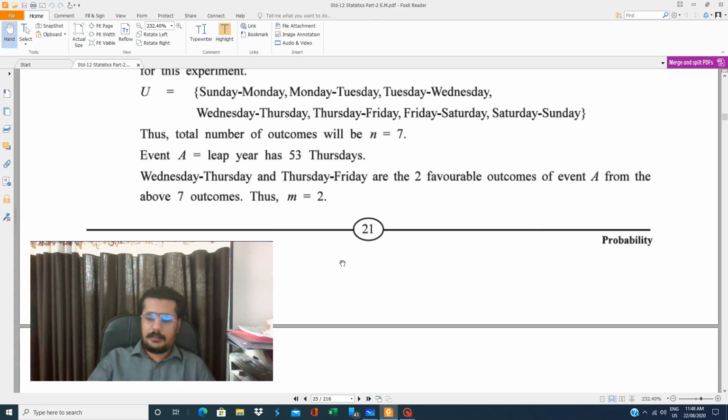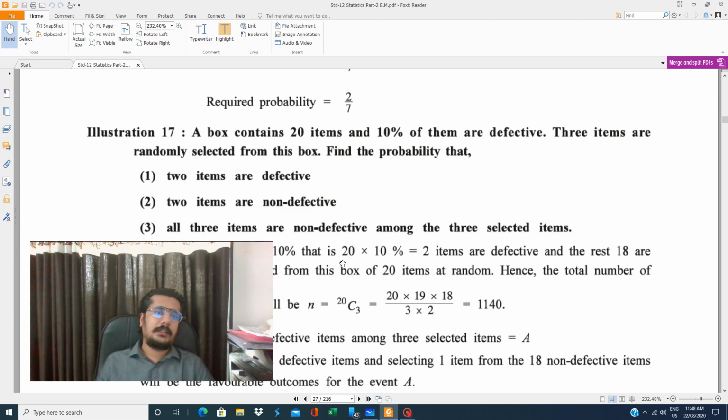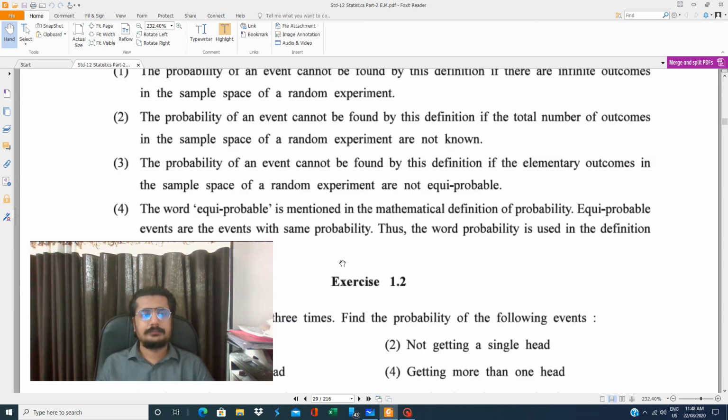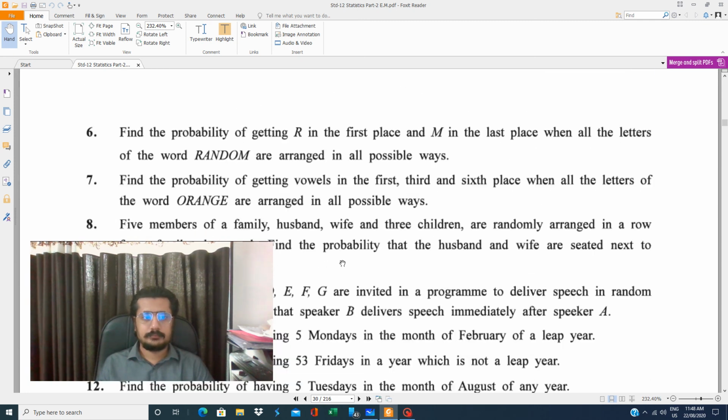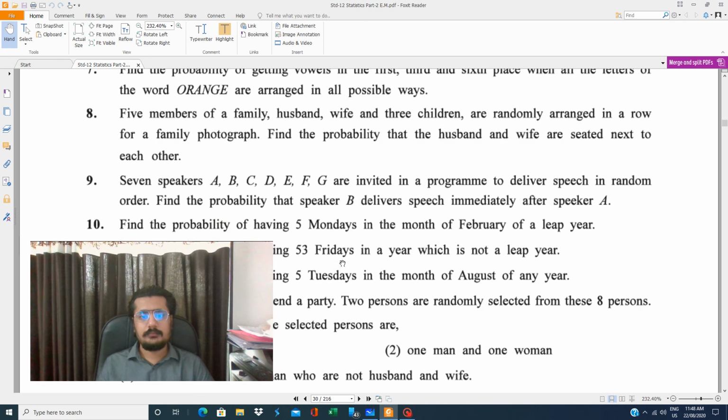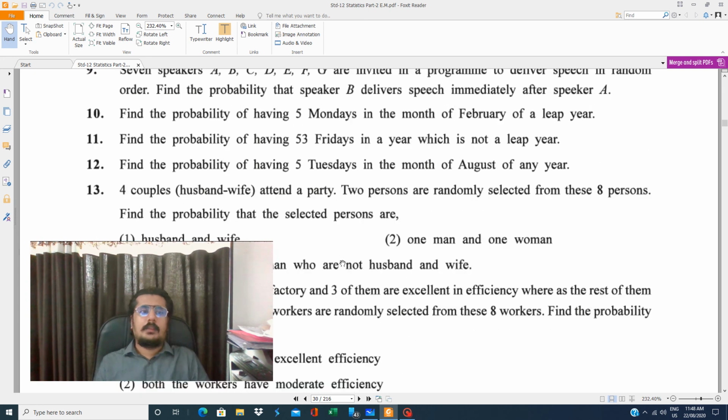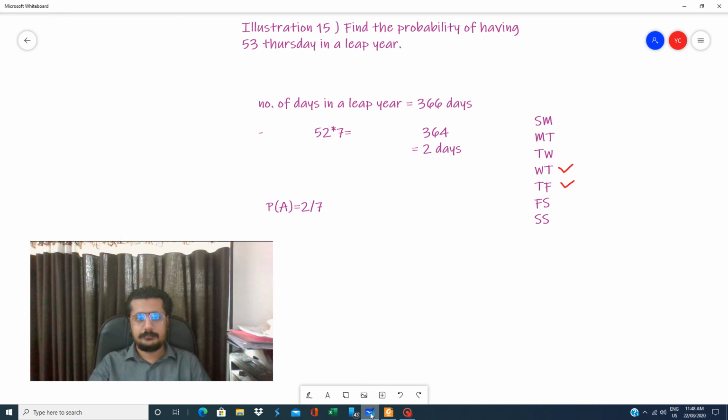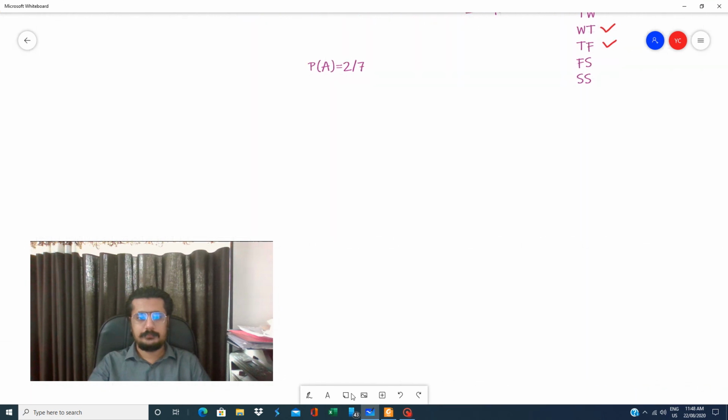Let us do an almost similar sum from the exercise. Exercise 1.2, sum number 11.